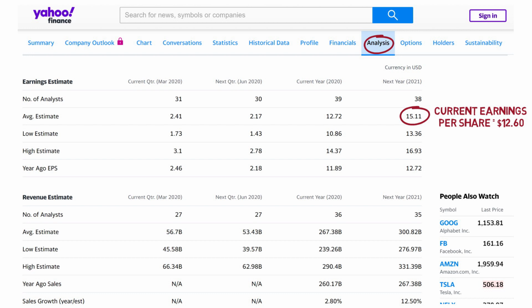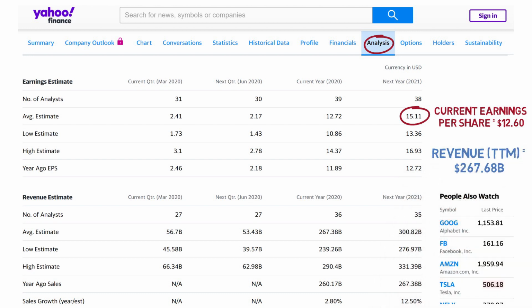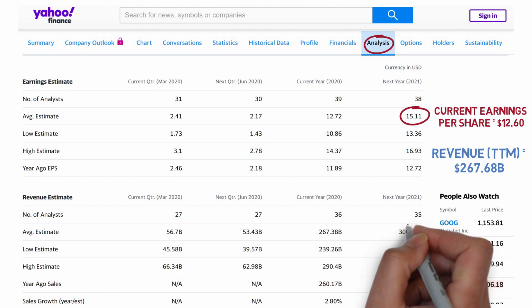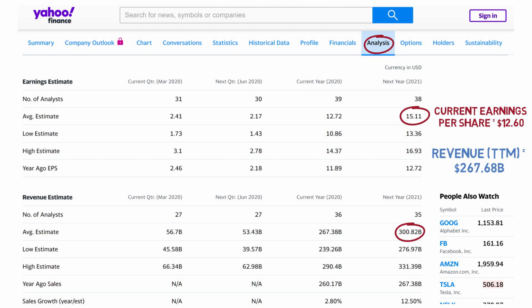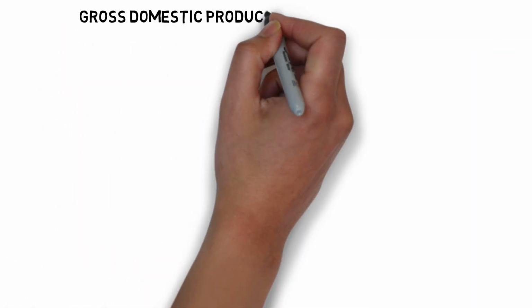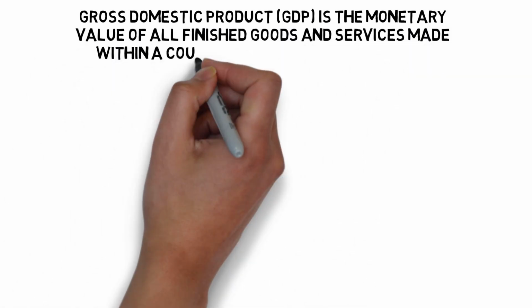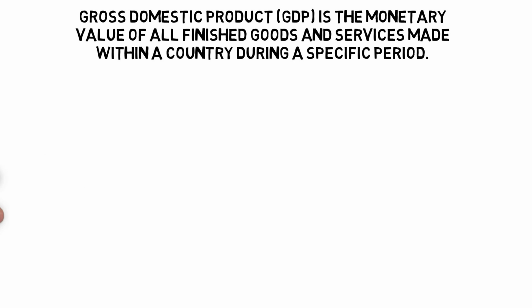We look at revenue. Revenue was a massive $267.68 billion for the last 12 months. Analysts are predicting around $300 billion for 2021, a big jump and an enormous revenue. Let me give you a quick comparison to put that in perspective. GDP, or the gross domestic product, is the monetary value of all finished goods and services made within a country during a specific period.